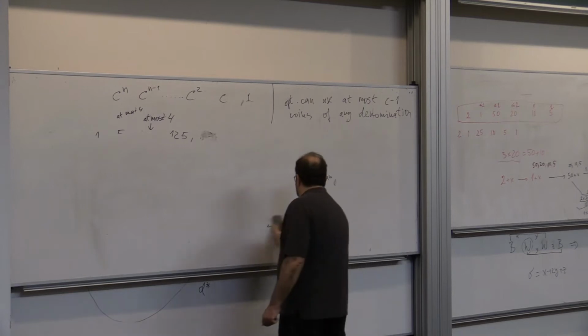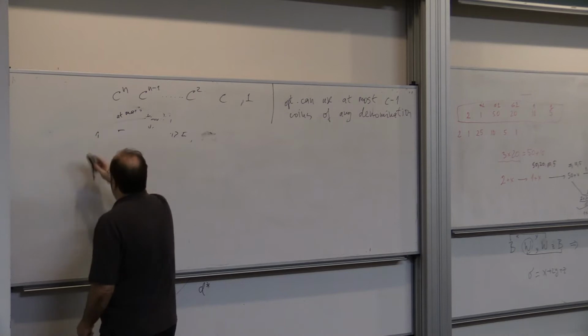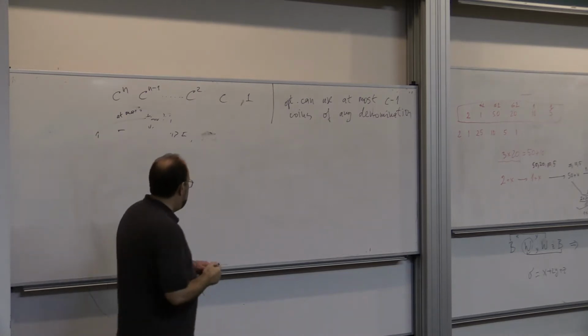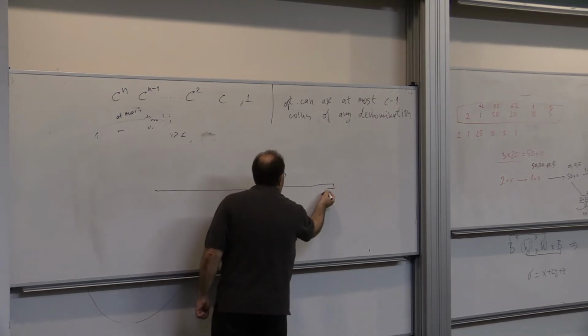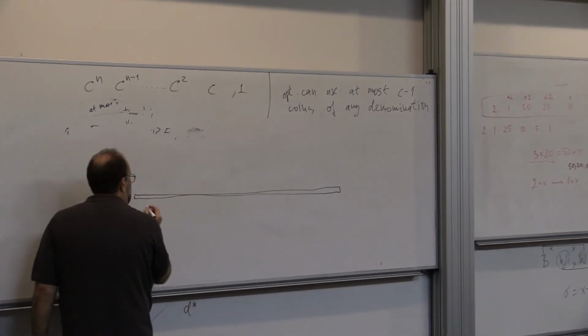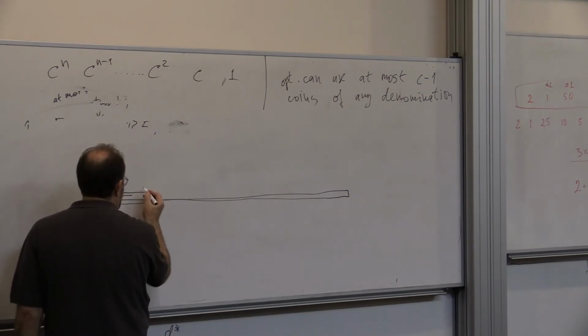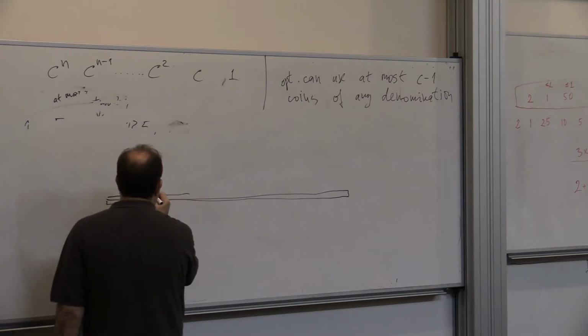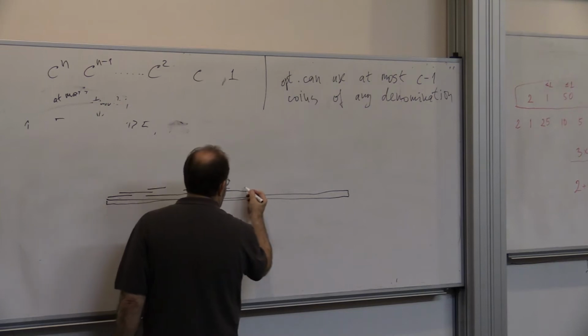If you look from above, this is your bulletin board. Here are your flyers. Here is one, another one, and here, and maybe here. People just keep piling them up.